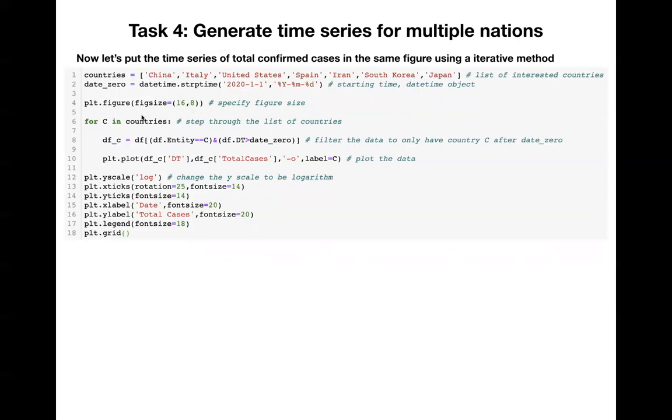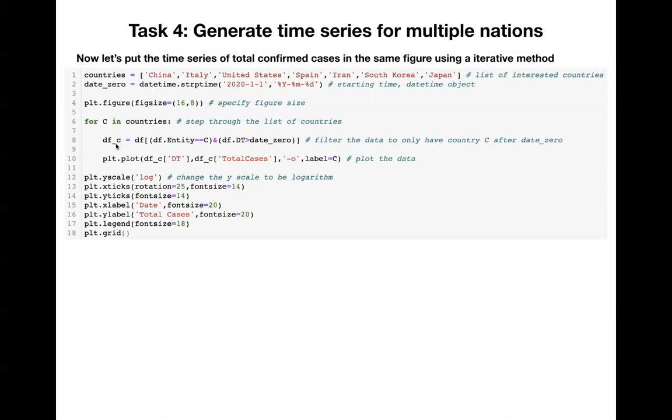So what I did here is I created c, which is an iterator variable over the countries. The countries are a list, so c is going to step through all these countries. And first I filter the data frame to get country equals c and time greater than time 0.